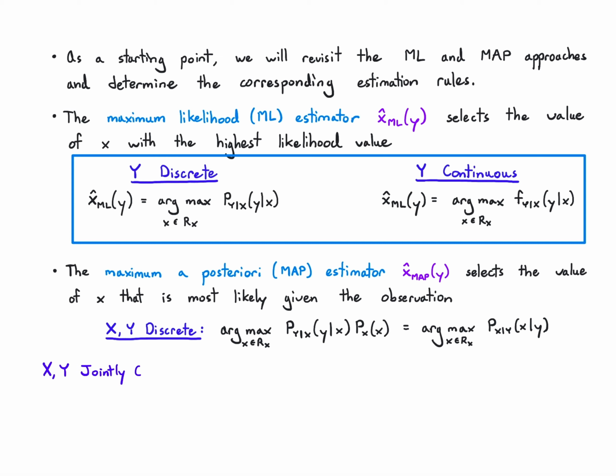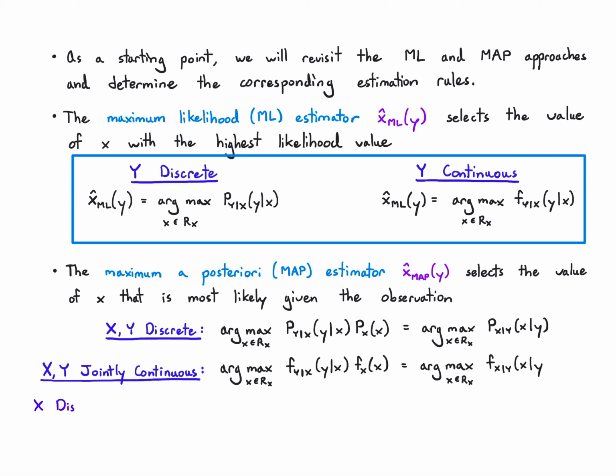In the jointly continuous case, you're going to do the same exact thing, except replace the conditional PMF and marginal PMF with the conditional PDF, f of y given x, and f of x, the marginal PDF of x. And again, by Bayes' rule, that's just the argmax of f of x given y. Now in the case where x is discrete and y is continuous, you just write a discrete PMF for x and a conditional PDF for y given x.